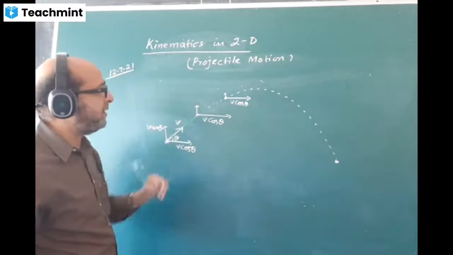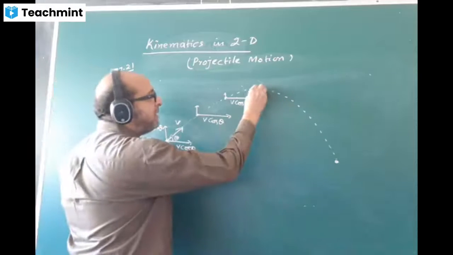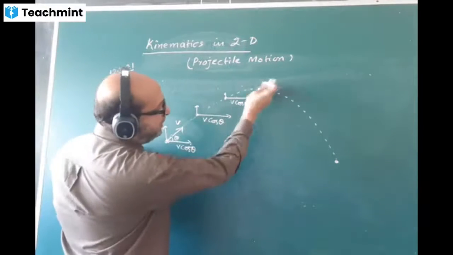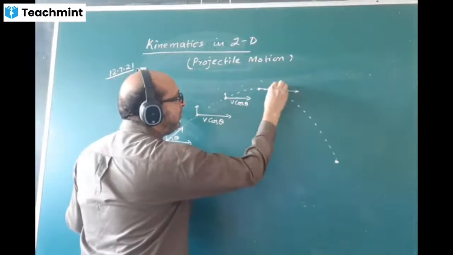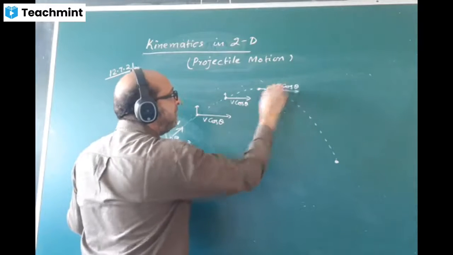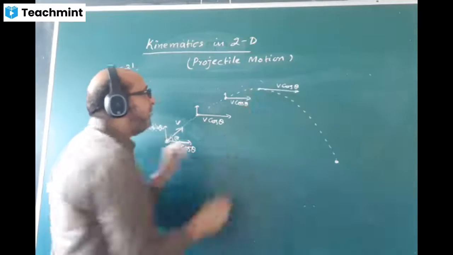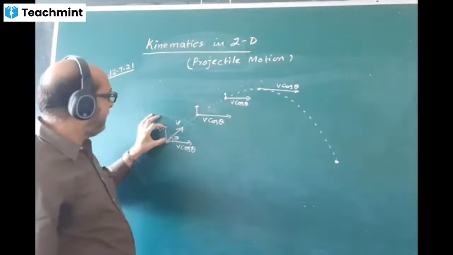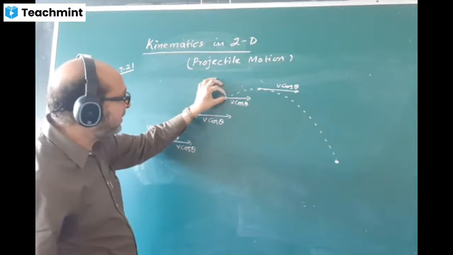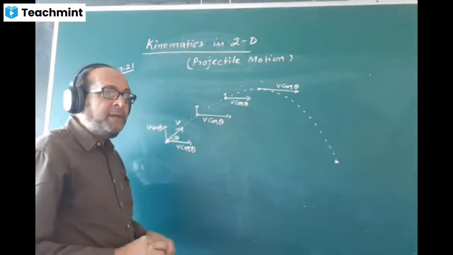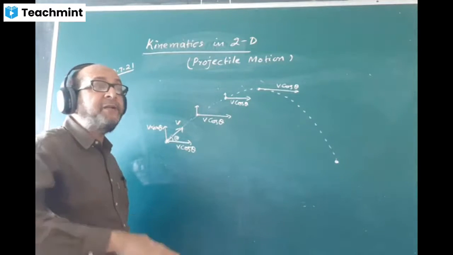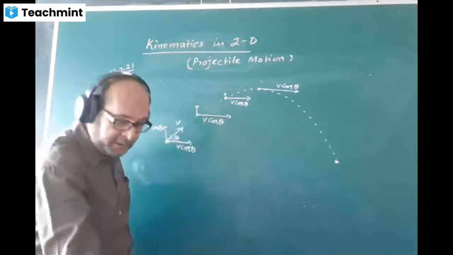When the body reaches the maximum height and then returns back, at that time it will have only the horizontal velocity, v cos theta. The vertical velocity will be 0. It doesn't rise further, rather it returns back.